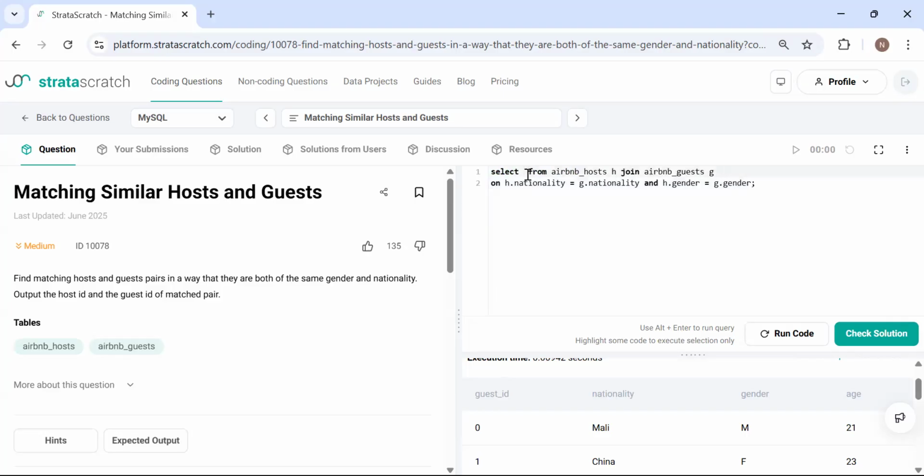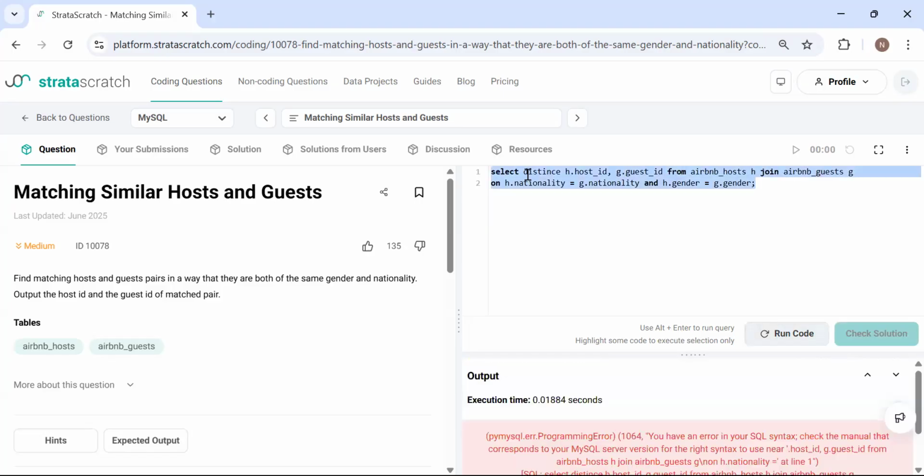Okay, and here we need unique combination of host ID and the guest ID. So we are going to write down distinct H dot host ID, comma, G dot guest ID. Okay, now let's run this.